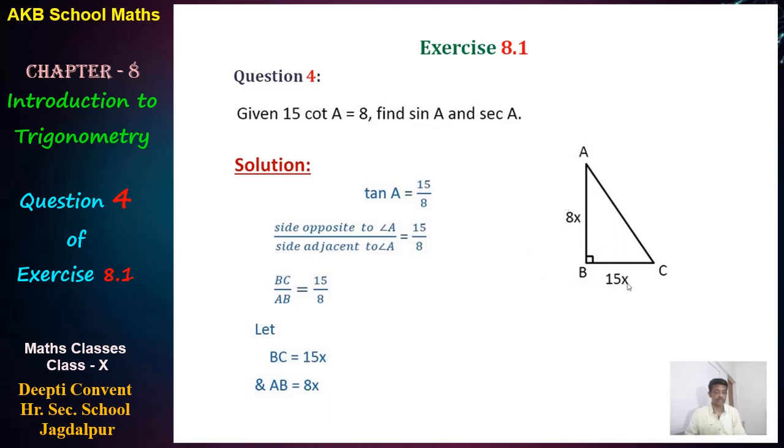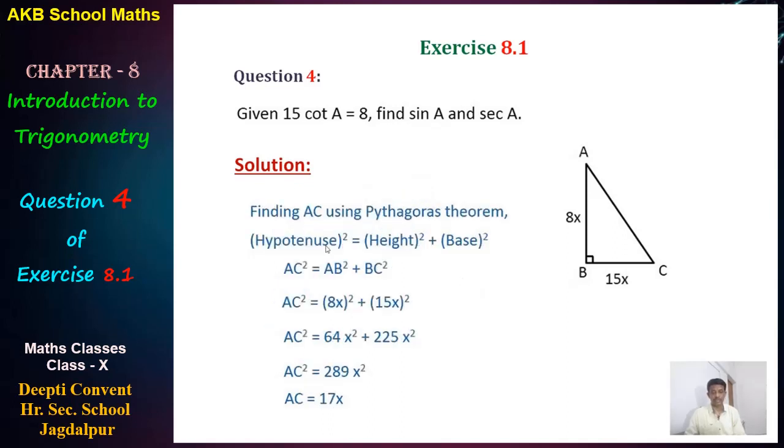Okay. Now two sides are known. Now you can find the third side, that is the hypotenuse, by using the Pythagoras theorem. Hypotenuse square equals this square plus this square, height plus base, meaning perpendicular square plus base square. So AC square equals AB square plus BC square.